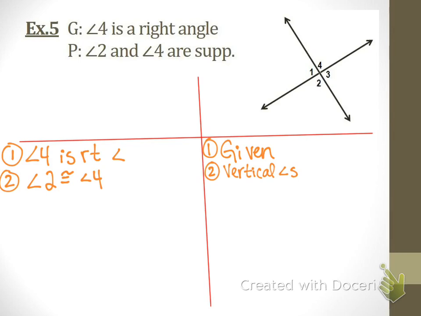Okay, we will have a couple steps in here that I think you might not like or you might think are extra, but that's okay. We'll get through it. So if angles 2 and 4 are congruent, what does that tell us about angle 2? Okay, it's also a right angle.